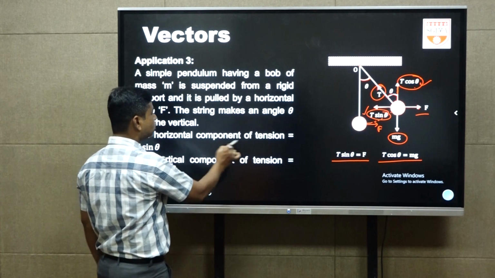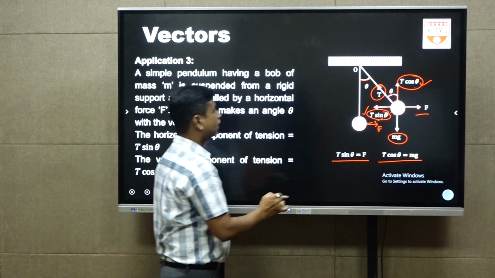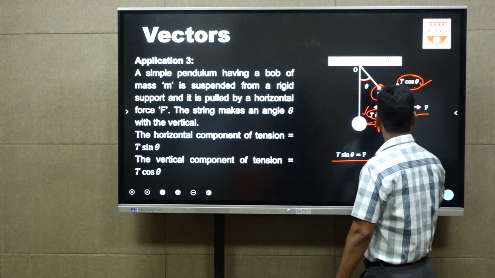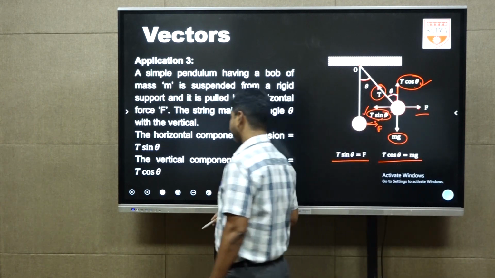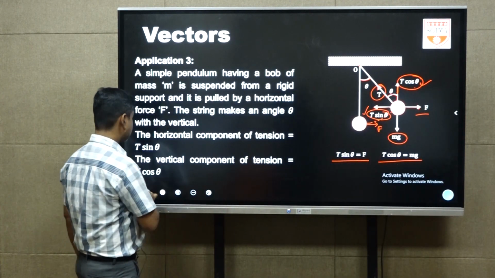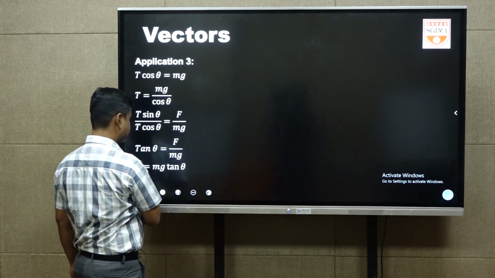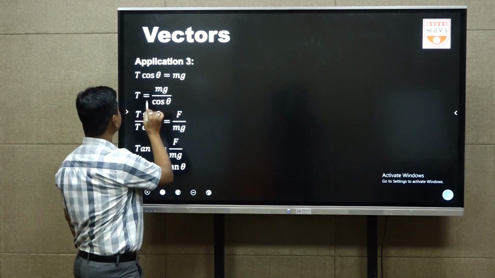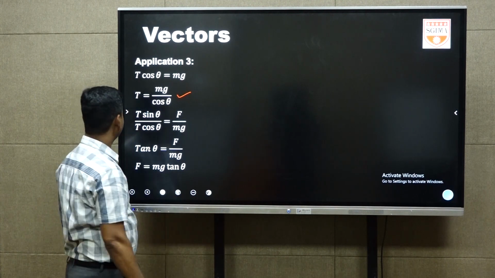Here the horizontal component of tension is T sin theta along the horizontal direction, and the component along the vertical direction is T cos theta. From this we take T cos theta equals mg. From this, the tension is T equals mg by cos theta.